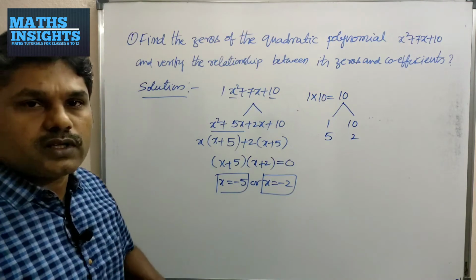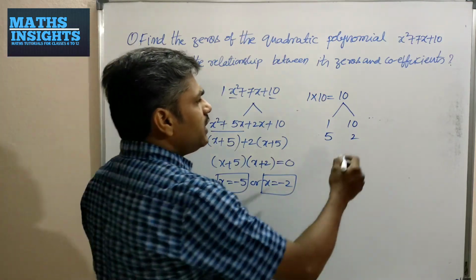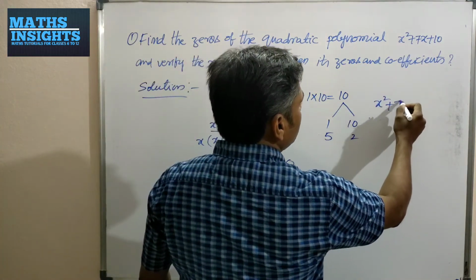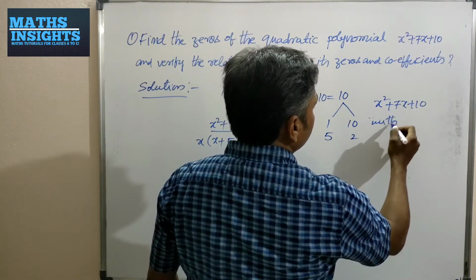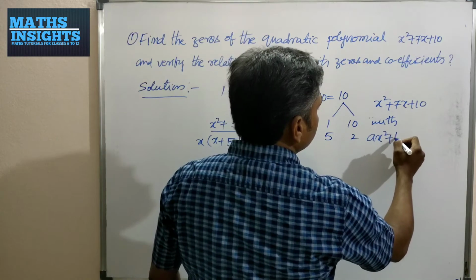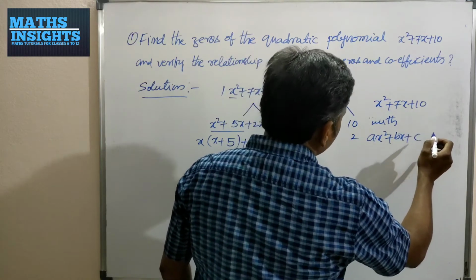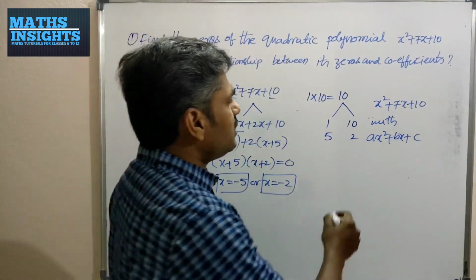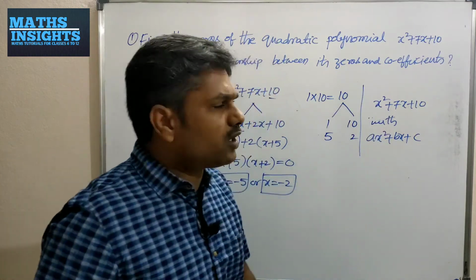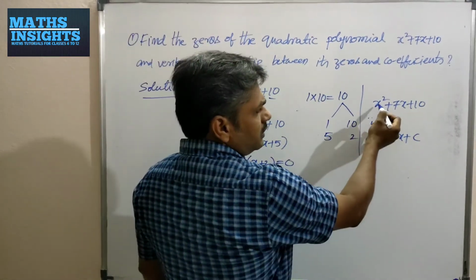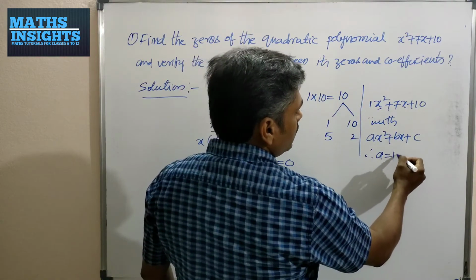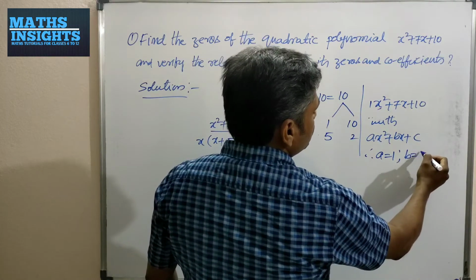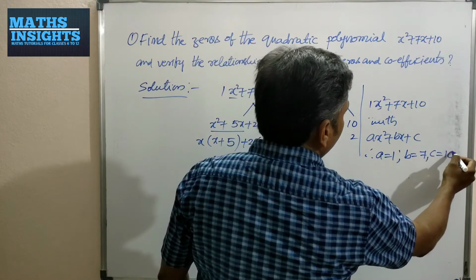Now by using the coefficients, I am comparing this x square plus 7x plus 10 with ax square plus bx plus c, which is the general form of the quadratic polynomial. Then the coefficient of x square is 1, therefore a is equal to 1, b is equal to 7, c is equal to 10.